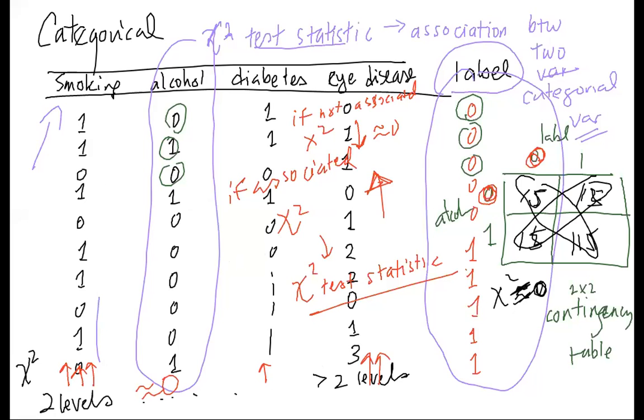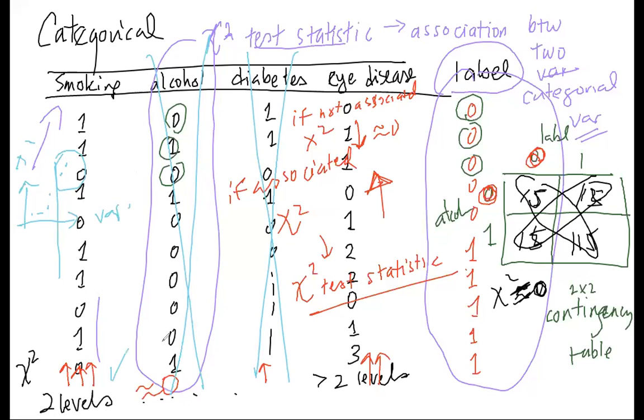Then you eliminate features using the same method of making a plot: these are your variables, and this is your chi-square value. Again, you see that there's a jump, you cut, and maybe you eliminate this one and keep these two variables. The idea is the same, except that you're using a different test statistic.